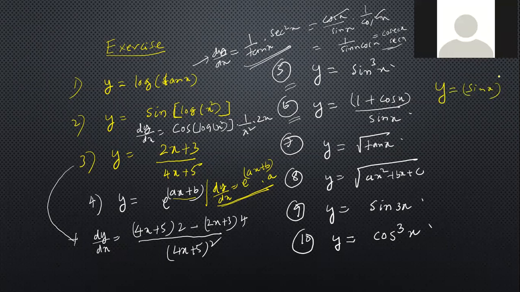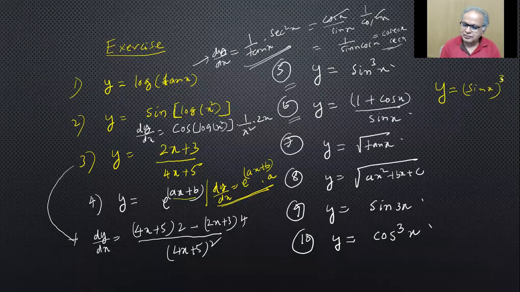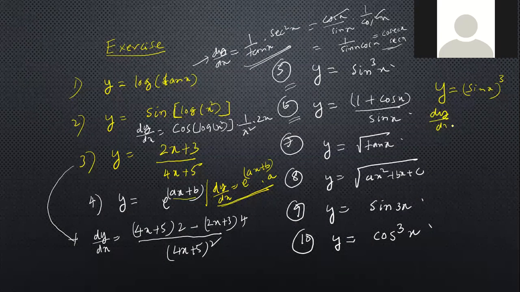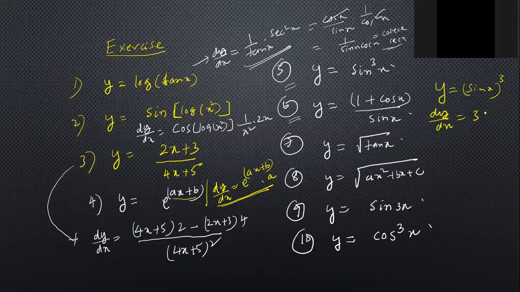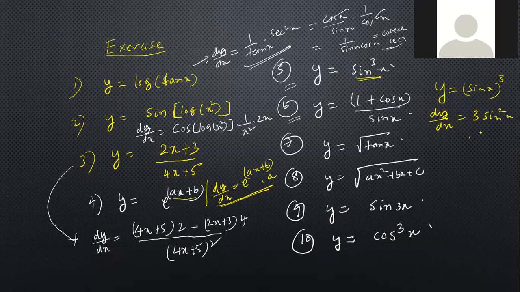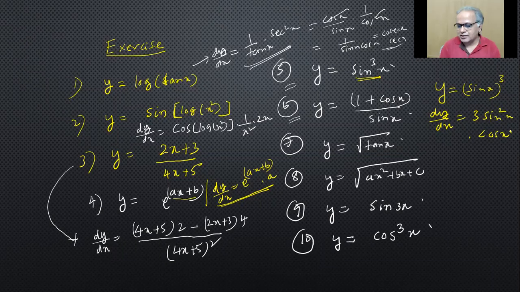So dy by dx can be written as 3 times sine square x into the derivative of sin x, which is cos x. Okay, that's all, enough.